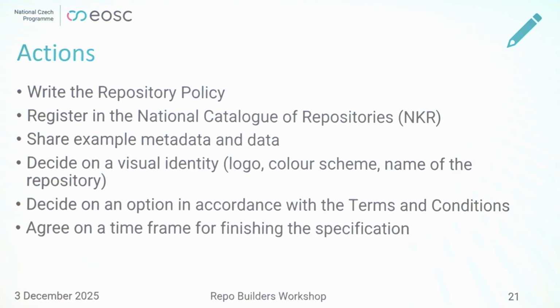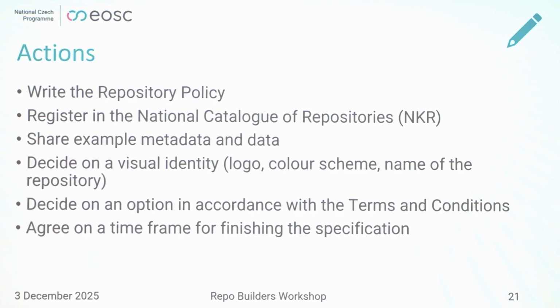And then there are some actions you need to take, like writing a repository policy. Probably will be the most fun, but it's incredibly important to have some idea of what the conditions actually will be. You'll create a registration to the National Catalog of Repositories once it is in pilot production.